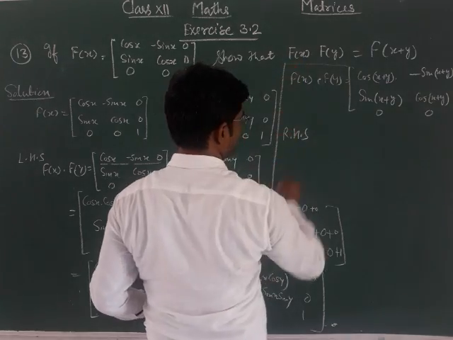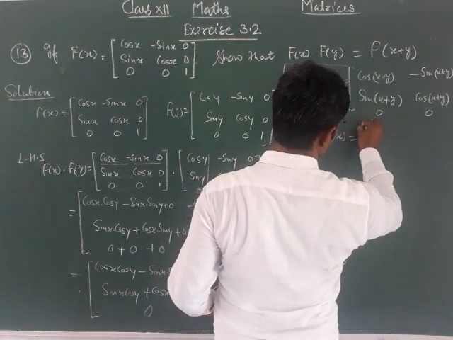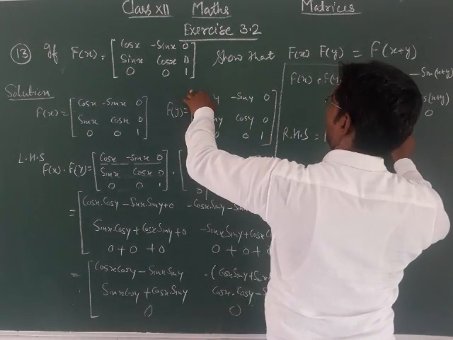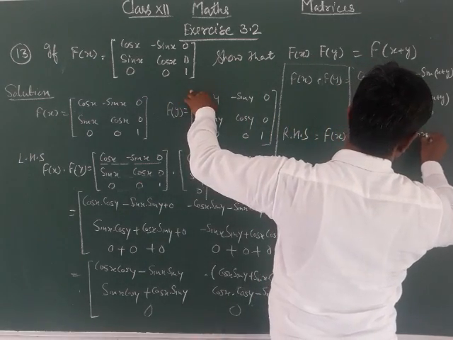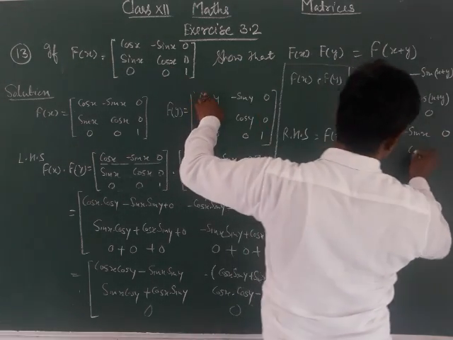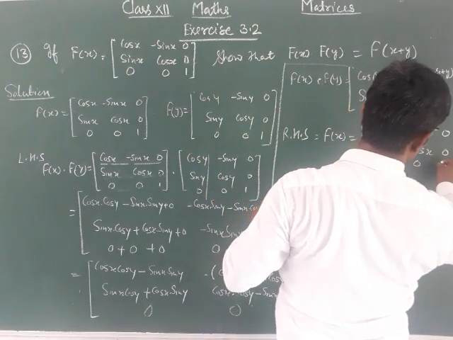And now taking RHS, so f(x) is equal to the given matrix [cos x, -sin x, 0; sin x, cos x, 0; 0, 0, 1].